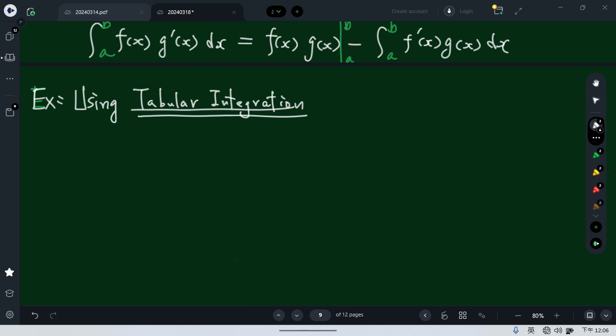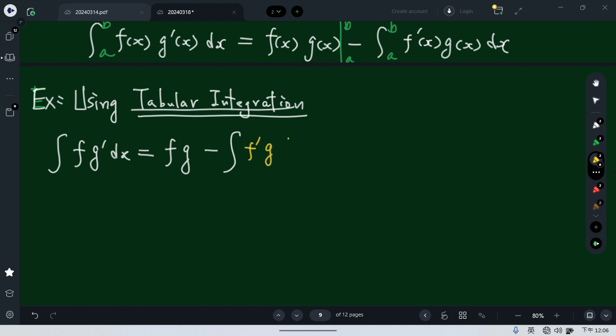Then when we talk about tabular integration, actually it's not a new technique. It's basically just based on the integration by parts. So I believe you already find that if I ask you to calculate this one, we will face f times g minus integral f prime times g dx.